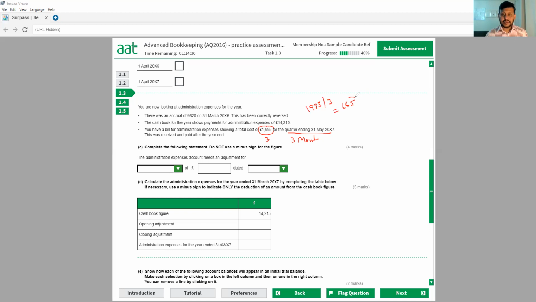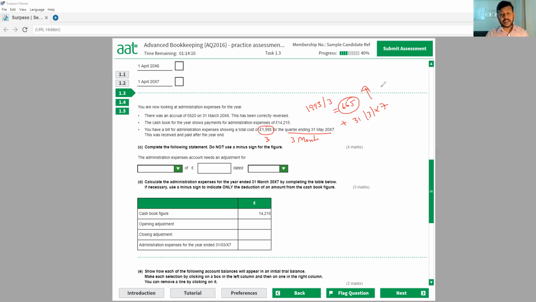And this expense we have to add on 31st of March 17. Even though I did not make the payment for that, I still need to increase the expense by 665 because of the accrual concept, or the matching concept, that we follow to prepare the accounts.